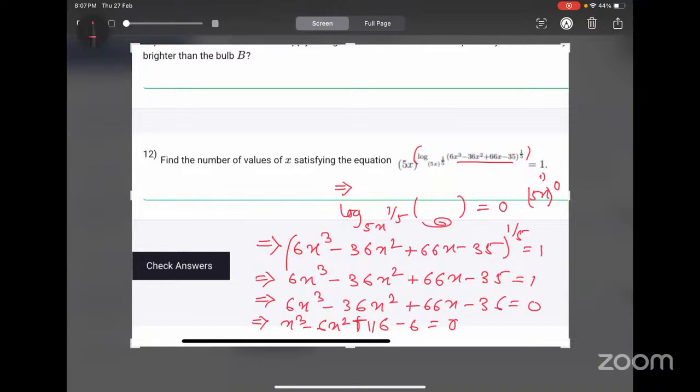Anyone? What are the roots? You're solving it, right? Am I audible?